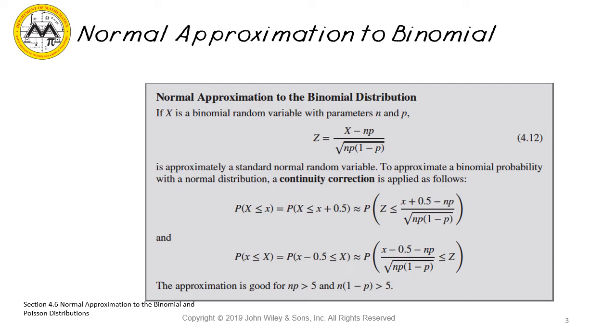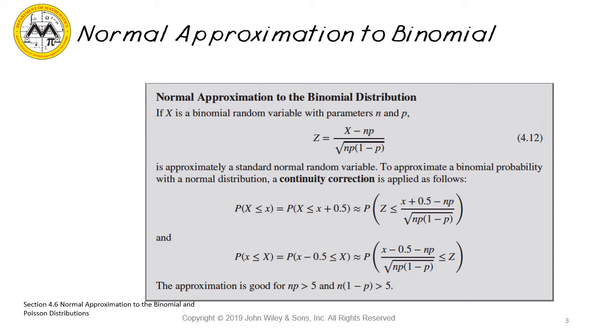The approximation is good for np greater than or equal to 5 and n times (1 minus p) also greater than or equal to 5.